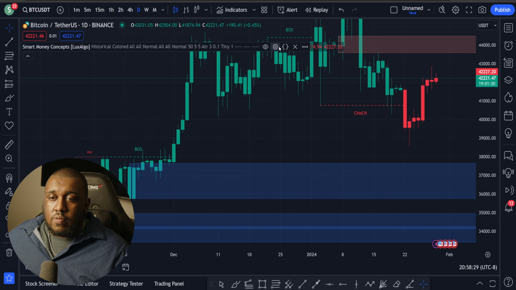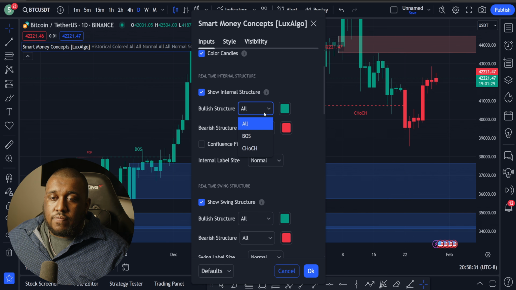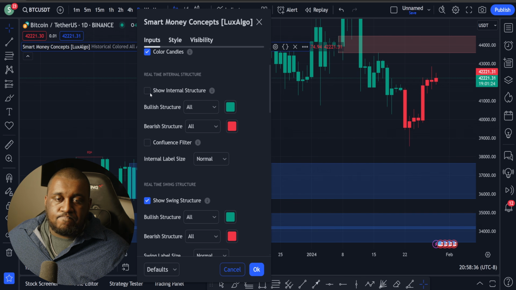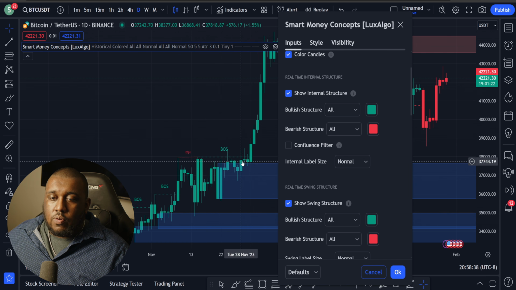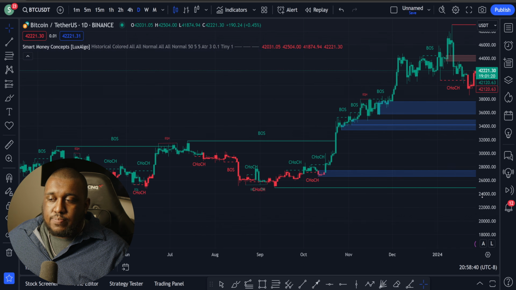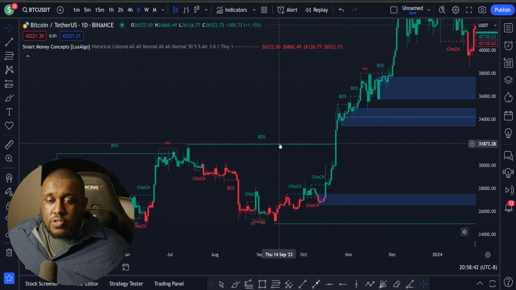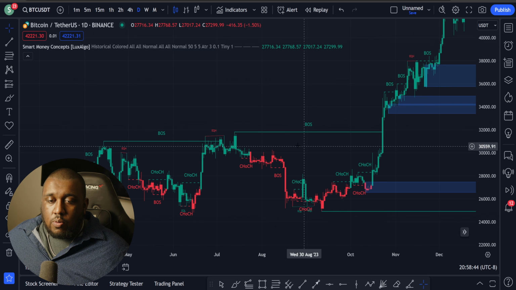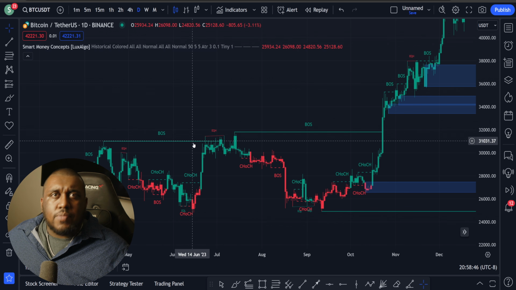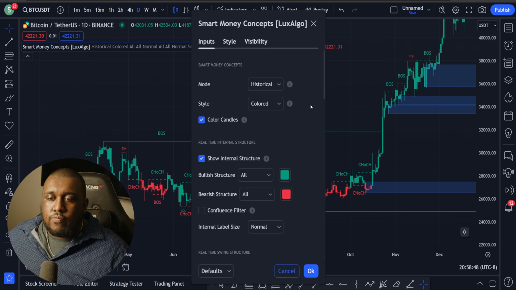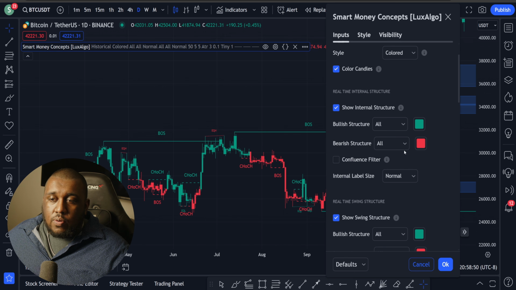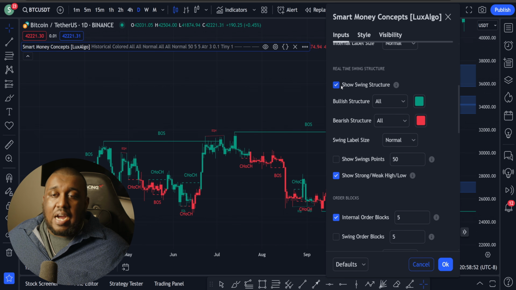So if I were to go back over here and turn this off, that would disappear. And of course, if I found a longer one like this breakup structure and I were to turn off the swing structure, this breakup structure would go away, this breakup structure would go away, and that's basically what you guys are looking for there.